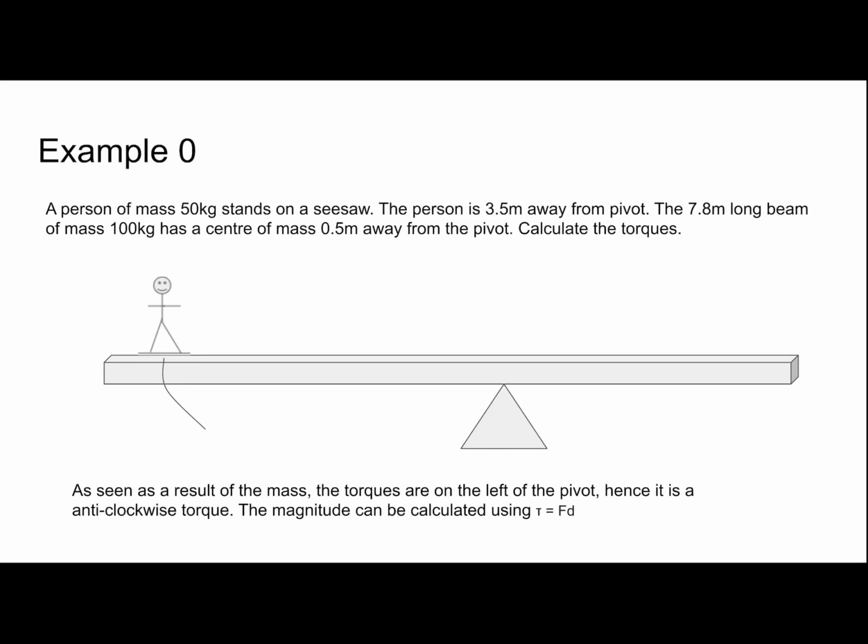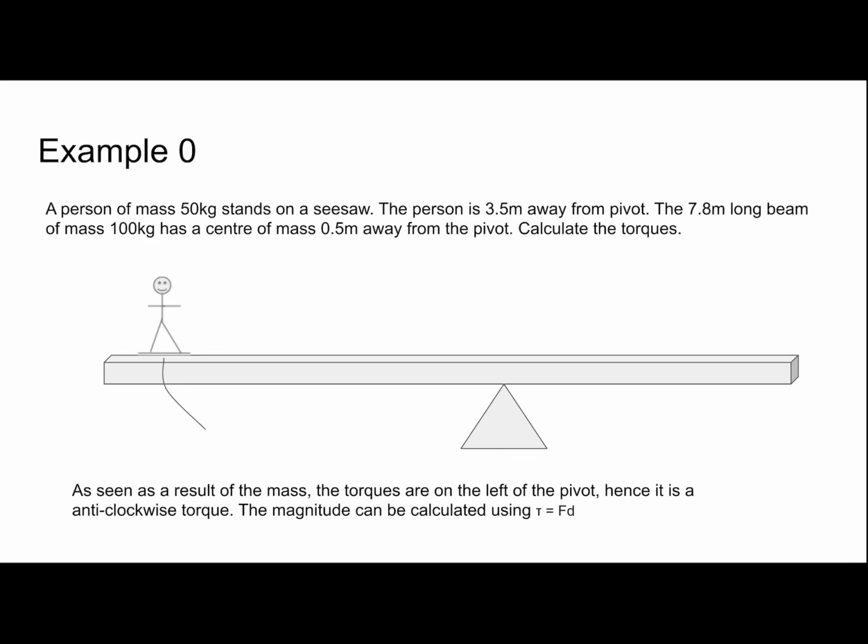Just imagine you're on a seesaw. Let's say you have your friend on one side and you on this side. Let's say you're heavier than your friend, so your side is going to go down.